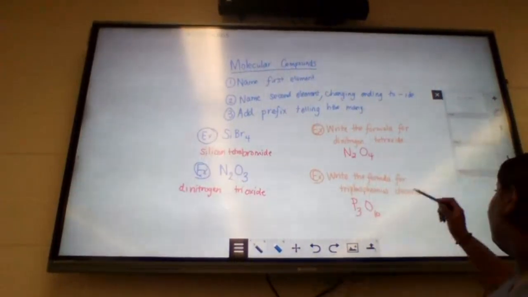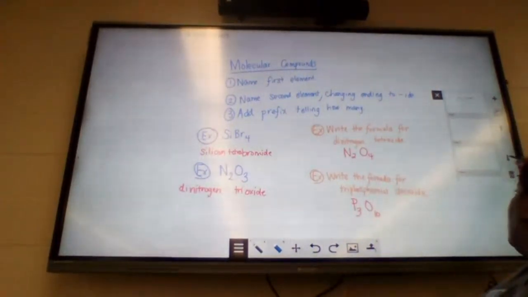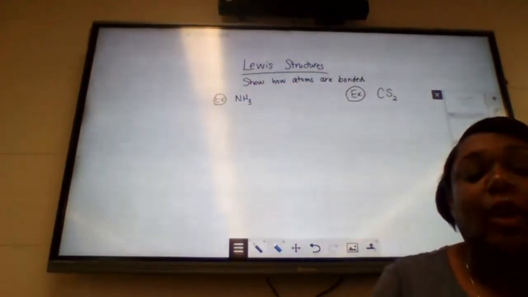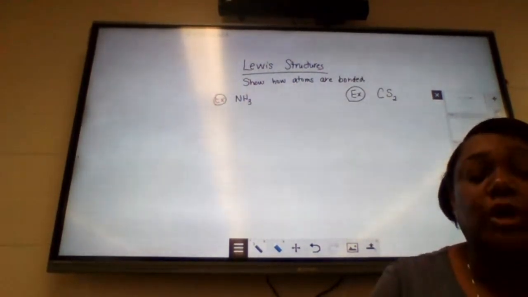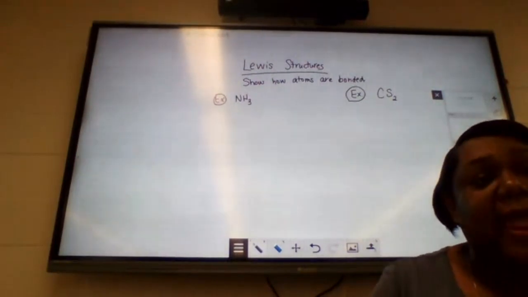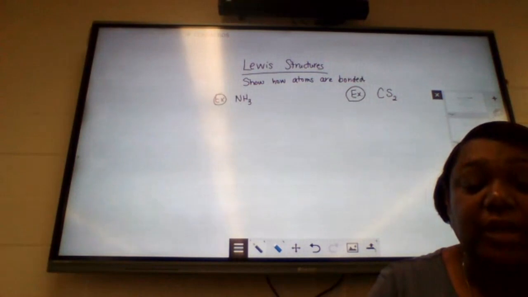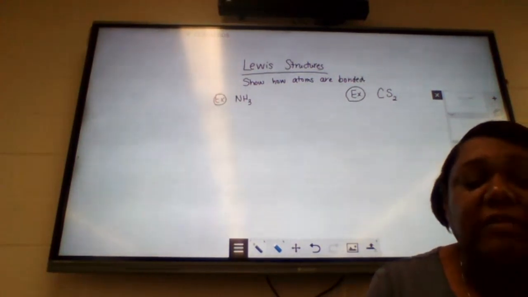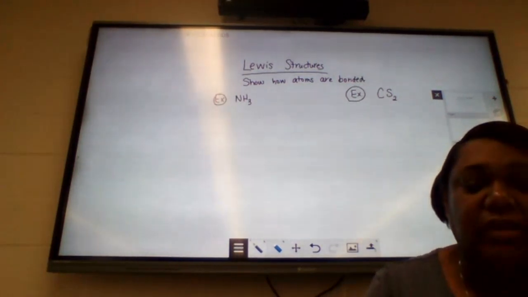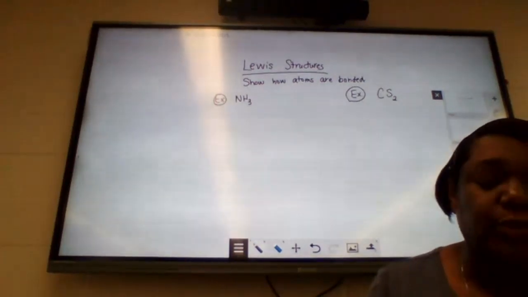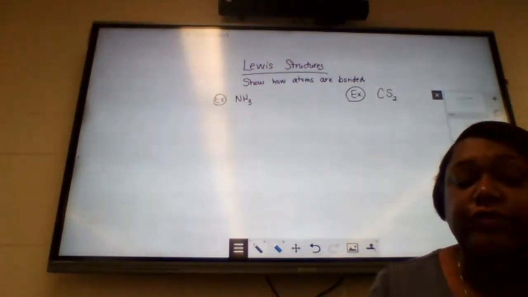Well, when we move to talking about Lewis structures, we're talking about how these atoms are joined to one another in a molecular compound, in a covalent compound where I'm sharing electrons. Which elements are specifically sharing the electrons? And so your book goes through how to draw Lewis structures.